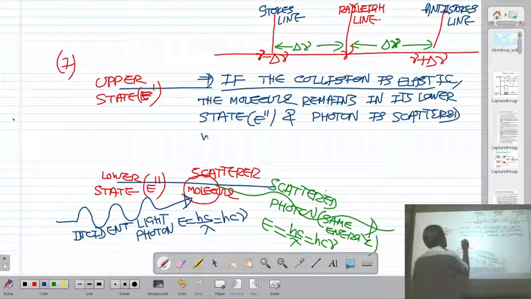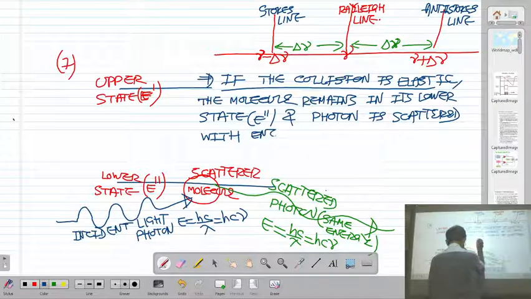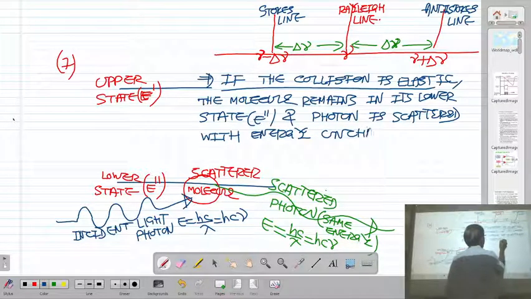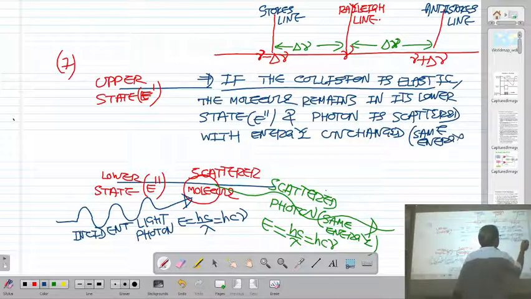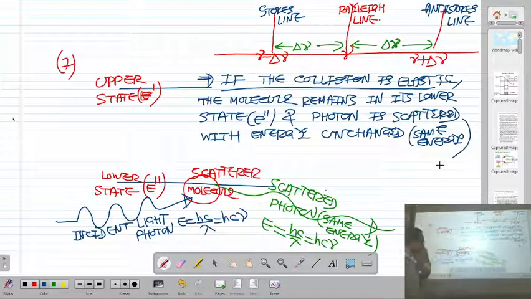and photon is scattered with energy unchanged. Means you can say that photon is scattered with same energy as that of the incident. What was the energy of the incident photon? That was hc/λ or hν.